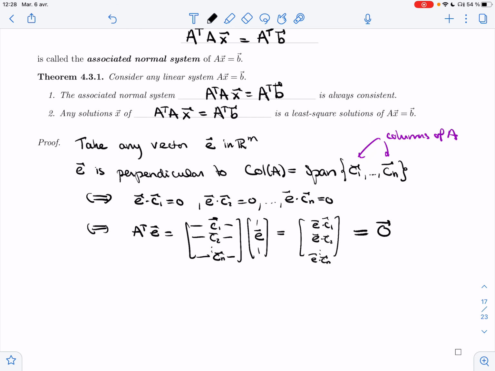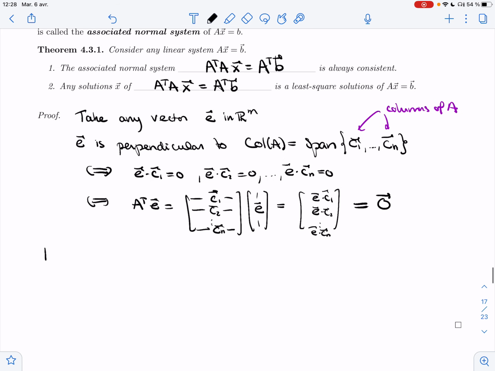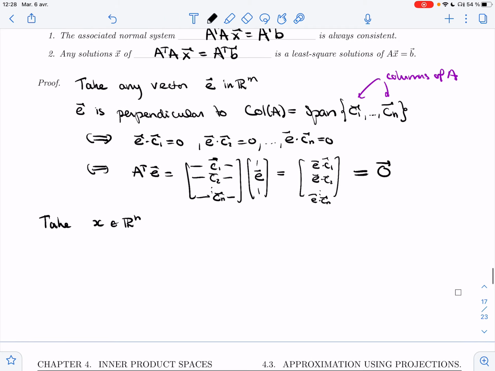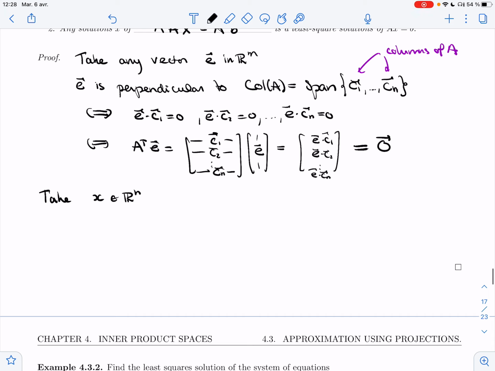The transpose will test if the error vector is perpendicular, like it should be to minimize distances. All right, so let's take x in R^n. We want to know when Ax is the projection of b onto the column space of A. So that's the system that we usually want to solve when we're looking for a least square solution. We don't like looking for the projection, it's too complicated, and so we're looking for a simpler way.